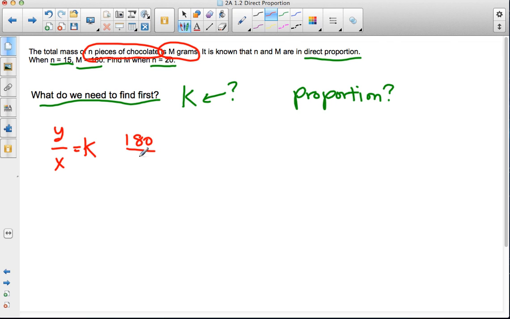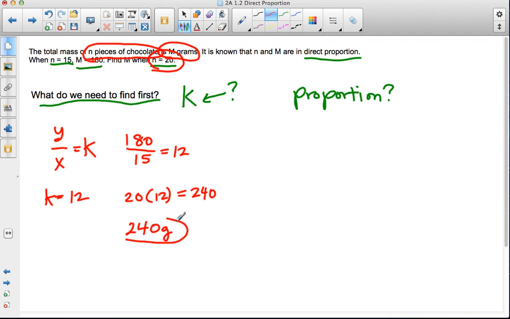We divide that by 15, and that gets us 12. 12 is our constant, which means I can use that value to find m when n equals 20. So 20 times 12 will get 240. So the mass is 240 grams by using the constant.